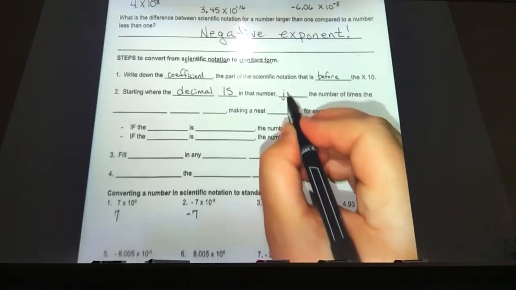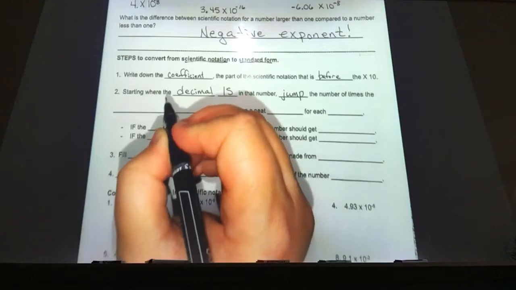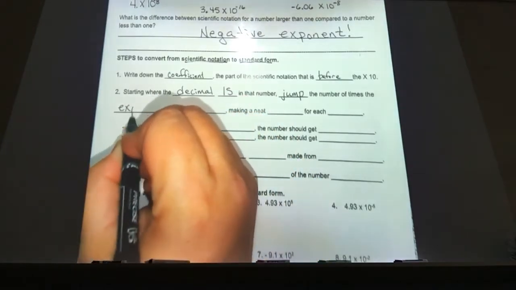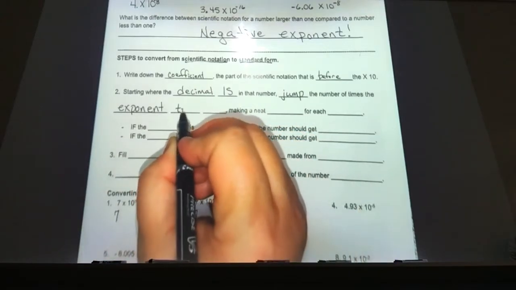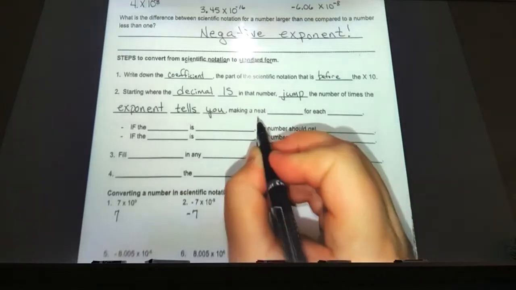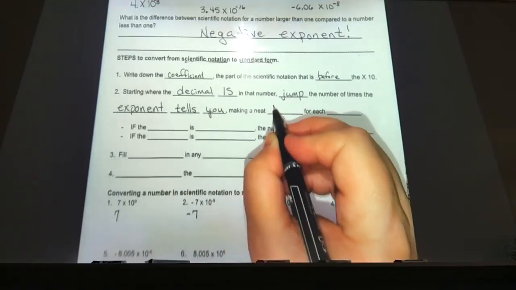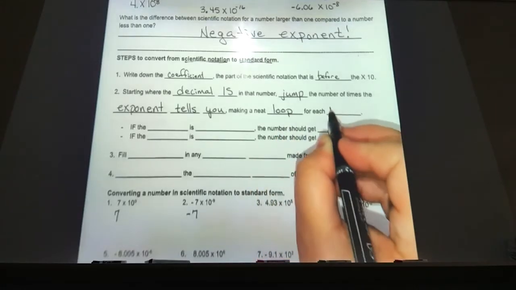You are going to jump the number of times the exponent tells you, making a neat loop for each jump.